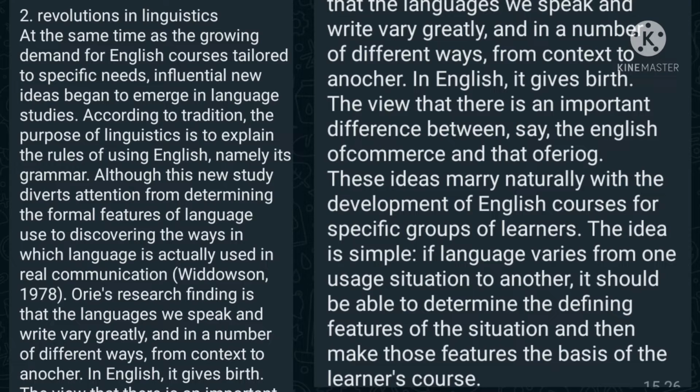These ideas married up naturally with the development of English courses for specific groups of learners. The idea was simple: if language varies from one situation of use to another, it should be possible to determine the features of specific situations and then make these features the basis of the learning course.